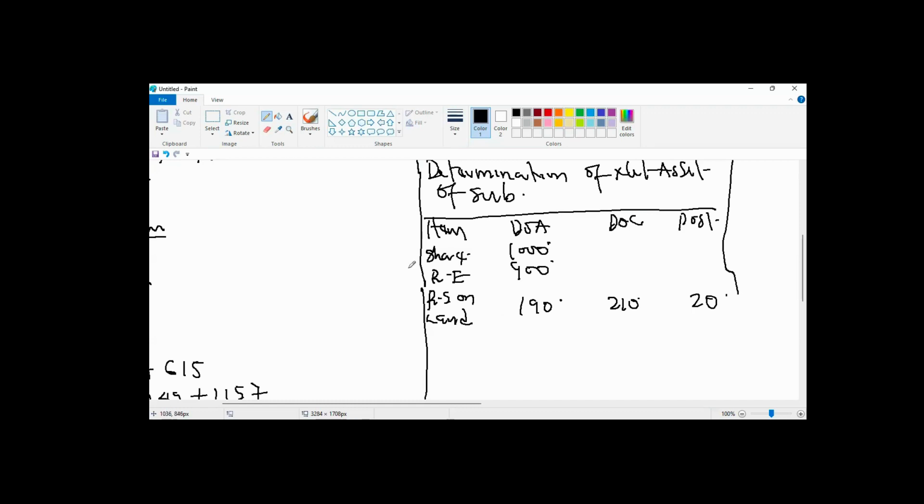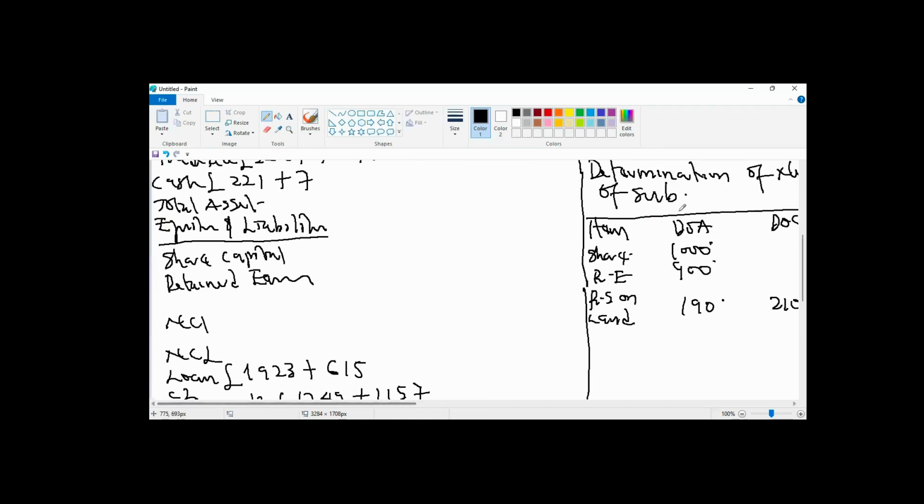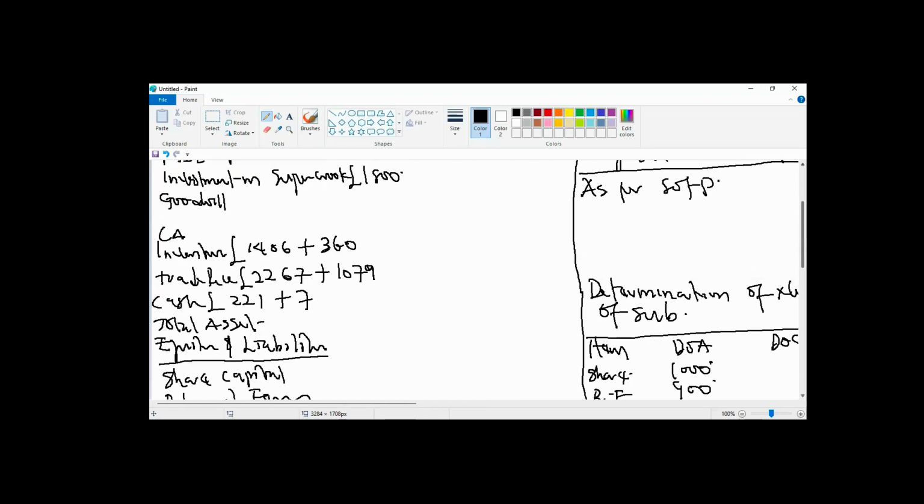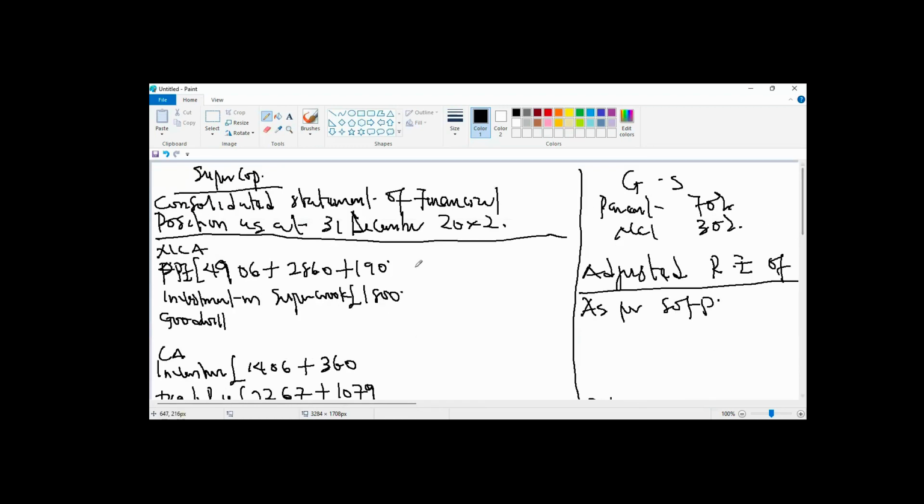I'll go to my PPE, date of consolidation now. It has increased further, plus 20, debits. Ask me a question, please. Sir, how did we get 210? What is the fair value as at the date of acquisition? 800.